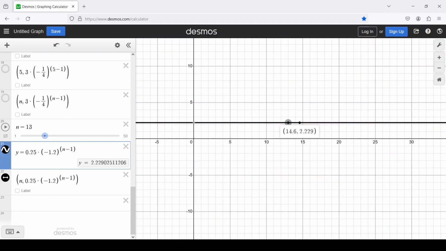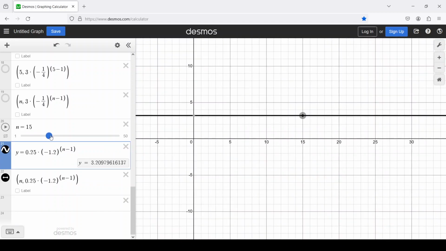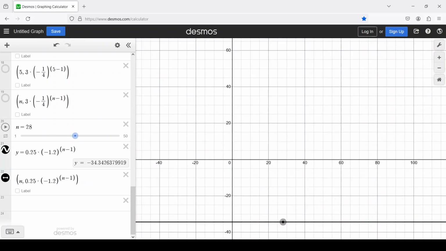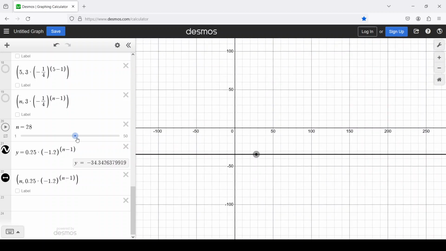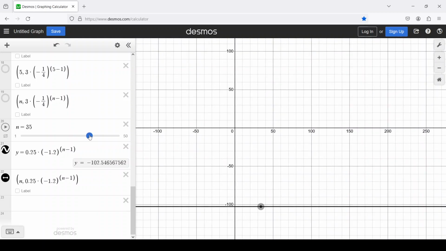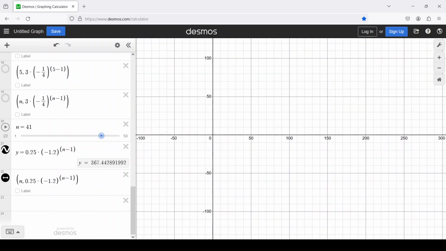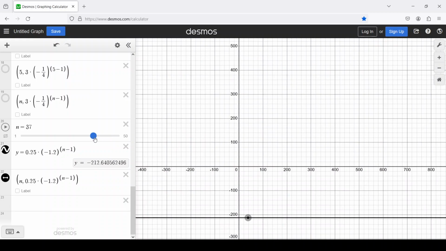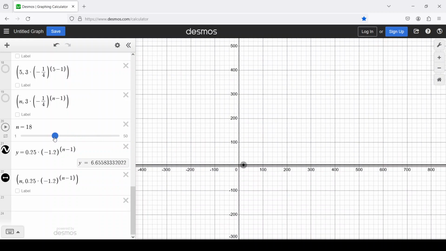And if I zoom out, you'll see that as n increases, it just keeps flip-flopping back and forth and getting bigger and bigger. Okay, now it's way up to almost 400 and just continues to go back and forth. I'm going backwards now. It started off near 0, and as n increases, it just explodes.